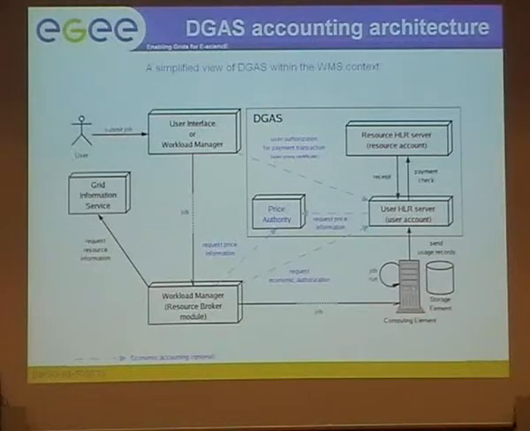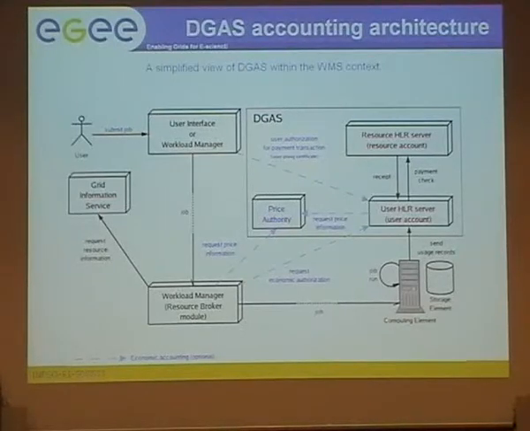At this point, the workload manager can eventually contact a price authority, that is the authority that assigns prices to resources, to get back a list of prices for available resources.